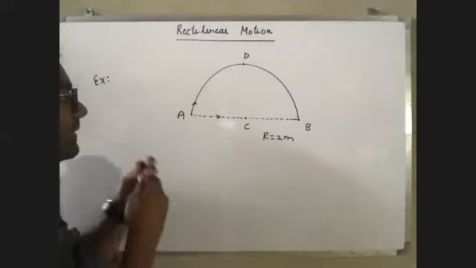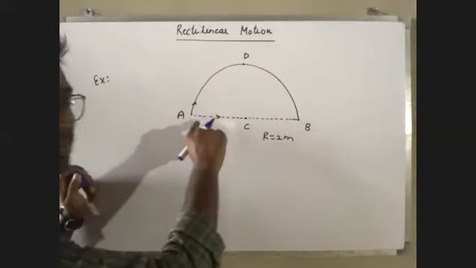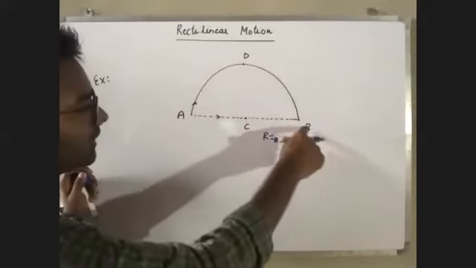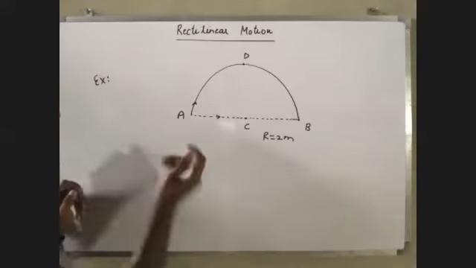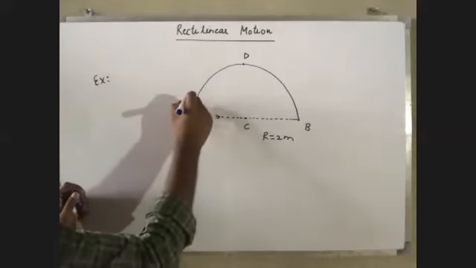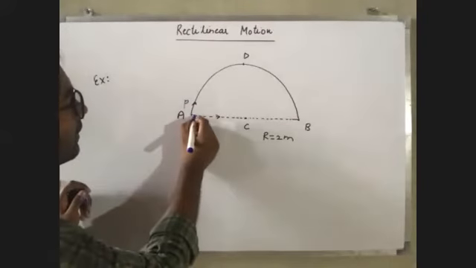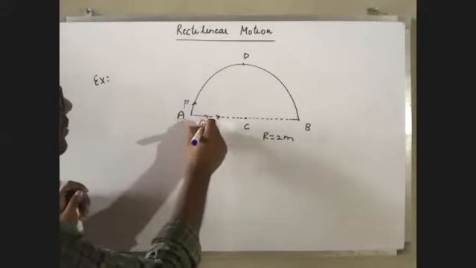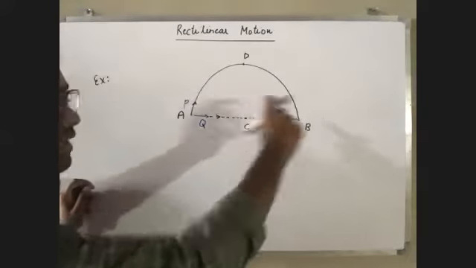So one particle is moving along the path A to D to B, and another is moving along the path A to C to B. Let's suppose this is particle P, which is moving along this side, and this is particle Q. Particle Q is going to move along a straight line, and particle P is going to move along this.